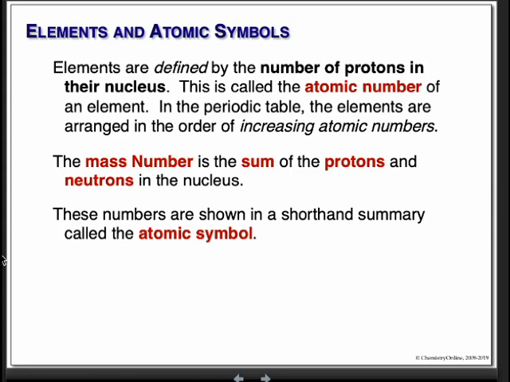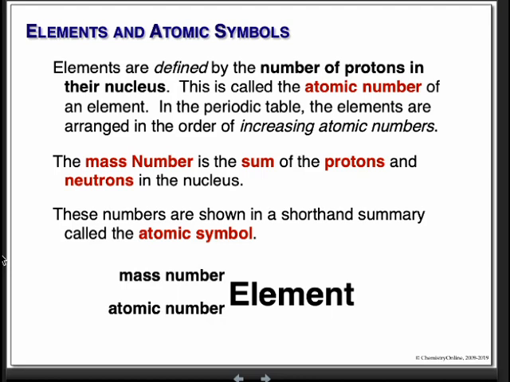We combine the atomic number and the mass number in what's called an atomic symbol. The atomic symbol basically is the symbol for the element. We will then put the mass number as a superscript in front, and we will put the atomic number as a subscript in front.